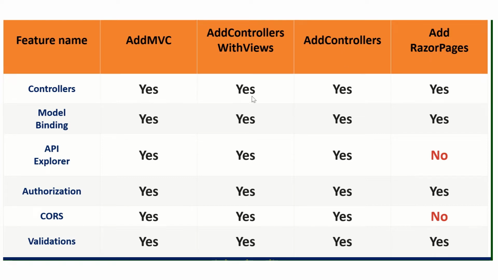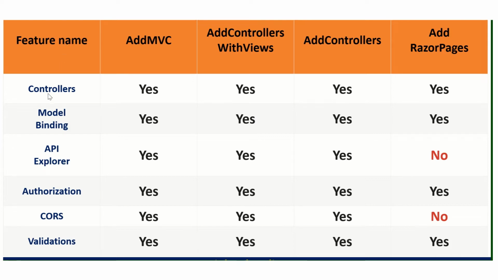Where we have mentioned yes, it means we can use that feature in that method, and where we have mentioned no, we can't use it in that particular method, such as AddRazorPages, or anywhere I have mentioned here, right?